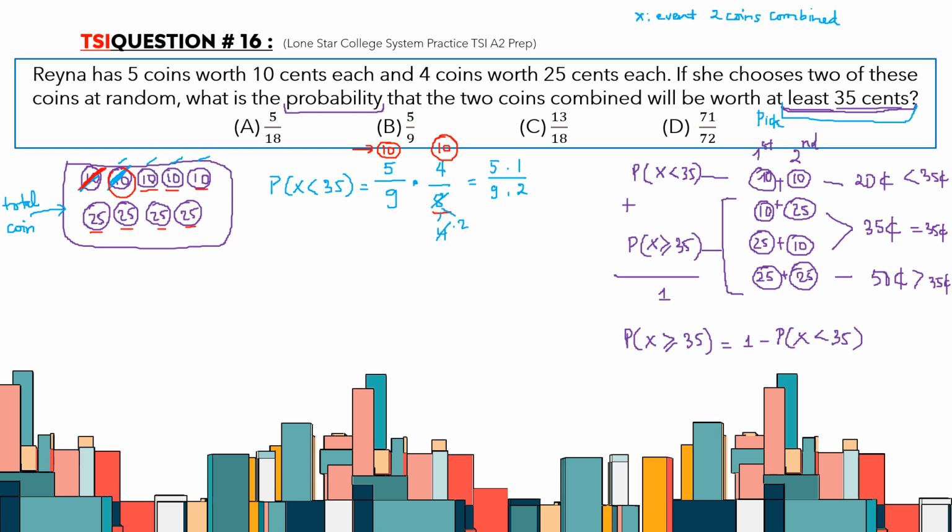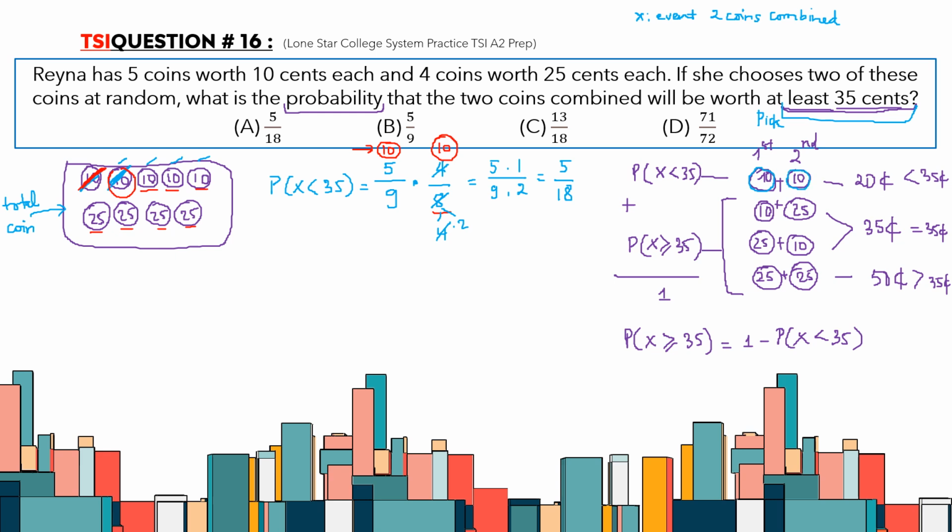So we cancel out the 4 and we're left with 2 at the bottom. So that is 5 over 18. That 5 over 18 is the probability of choosing 2 coins that have a value less than 35 cents, in the case of picking two 10s.